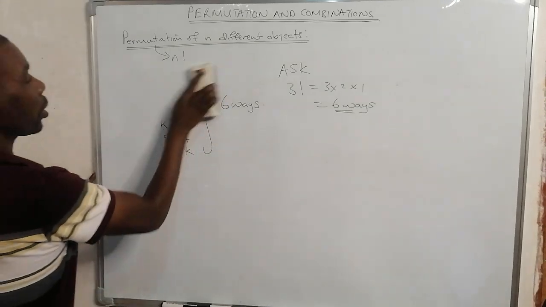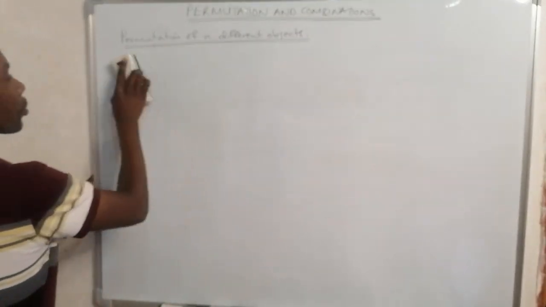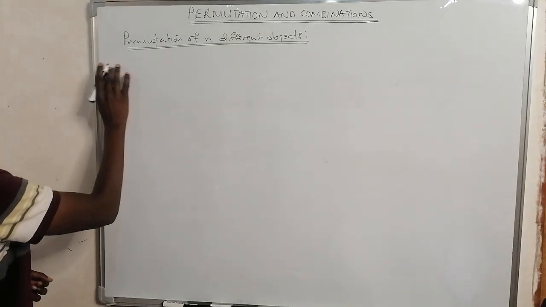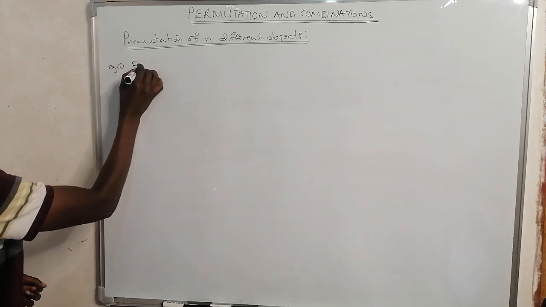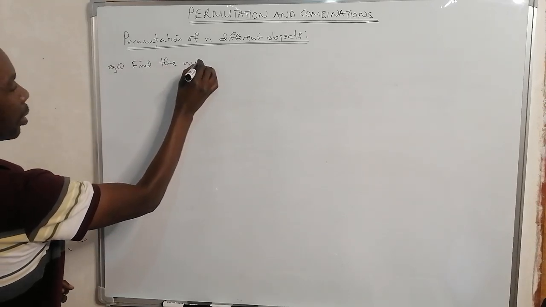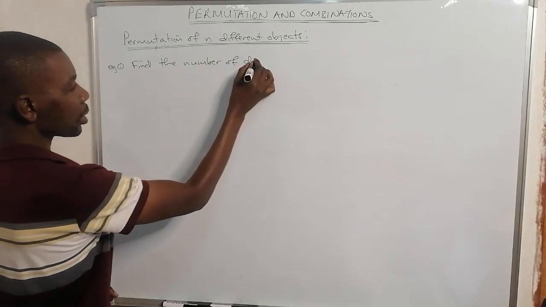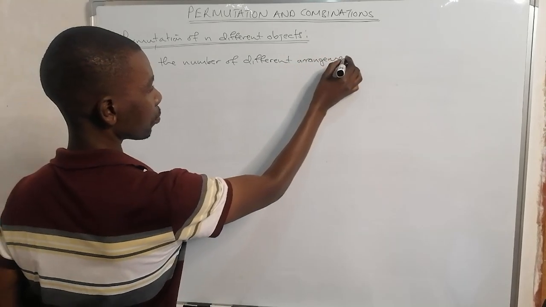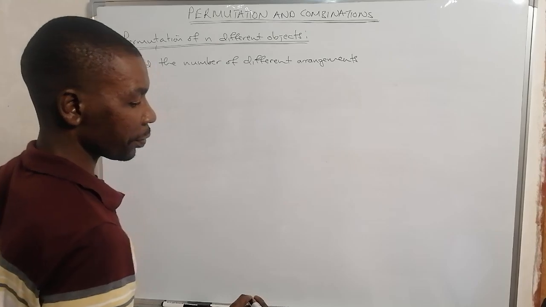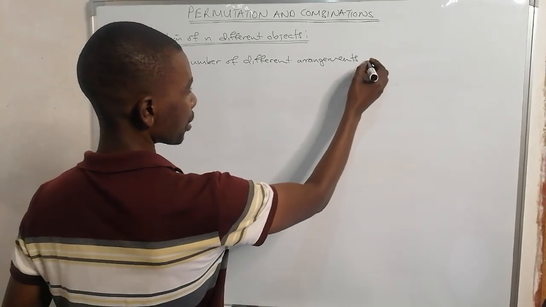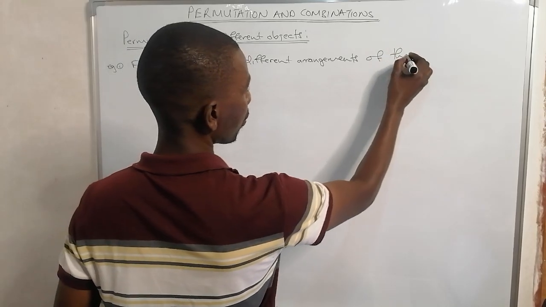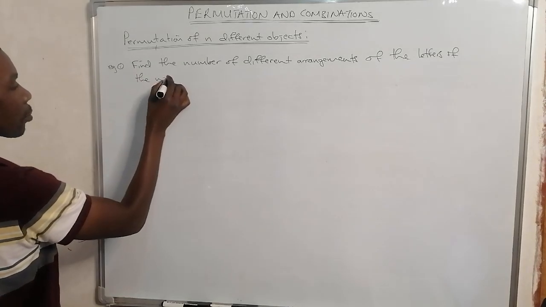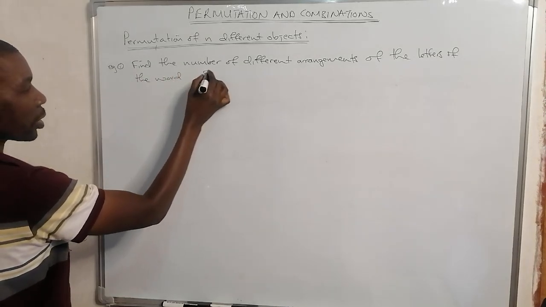Let's have an example. Example number 1. Find the number of different arrangements of the letters of the word SHIFT.